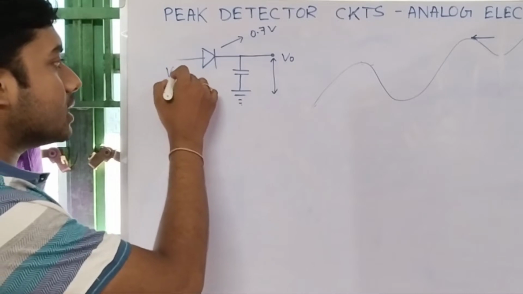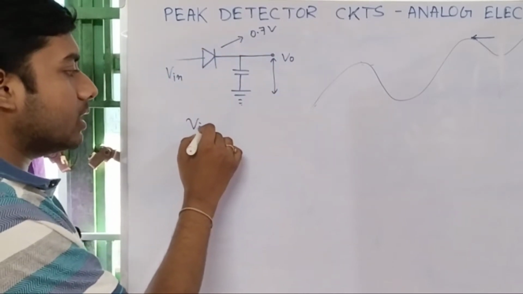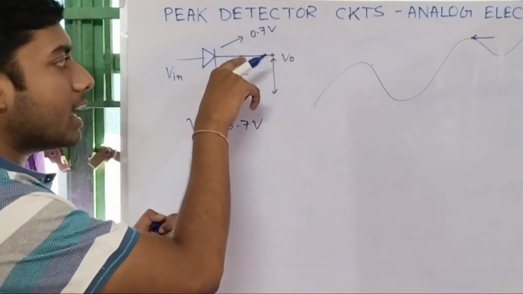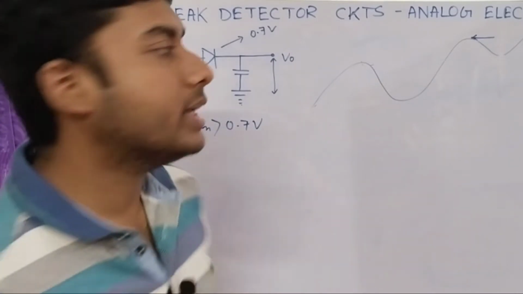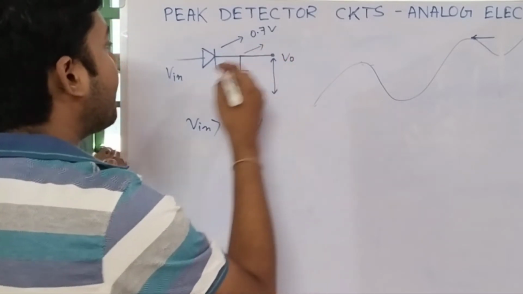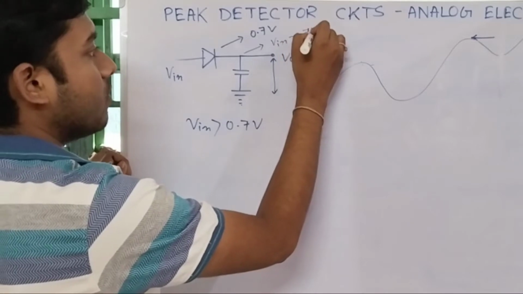Let us understand that this is V input. Then as V input is greater than 0.7 volt, what will happen? The voltage at this point will be equal to V in minus 0.7 volt, right?